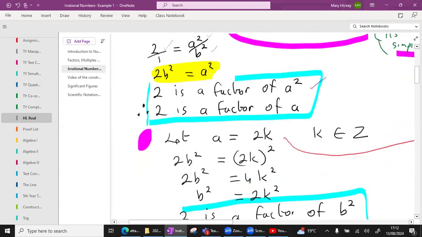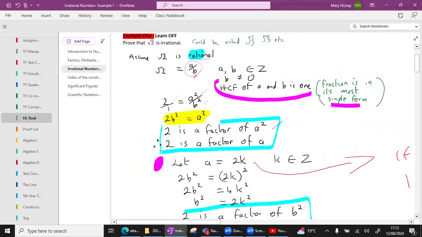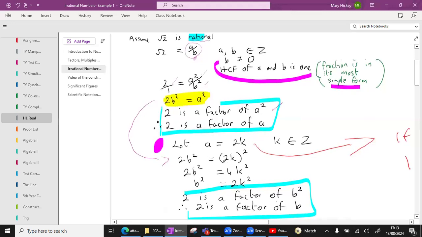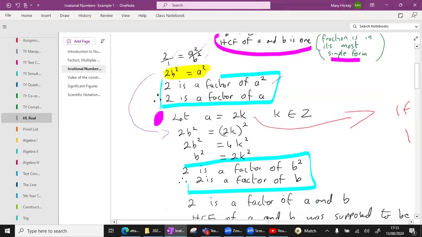Now I'm going back to the highlighted line. Instead of a, I have 2k squared. So that becomes 4k squared, and then I get b squared on its own, which gives me 2k squared when I divide the 2 in. So 2 is a factor of b squared, which means 2 is a factor of b.